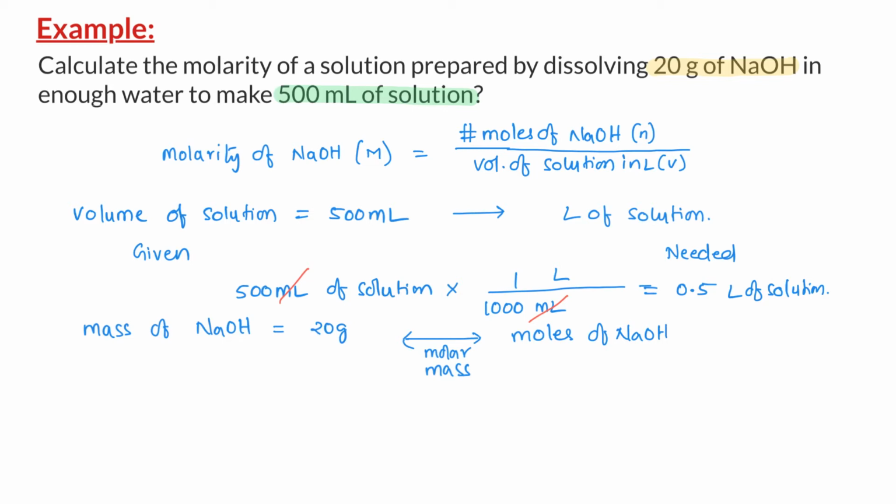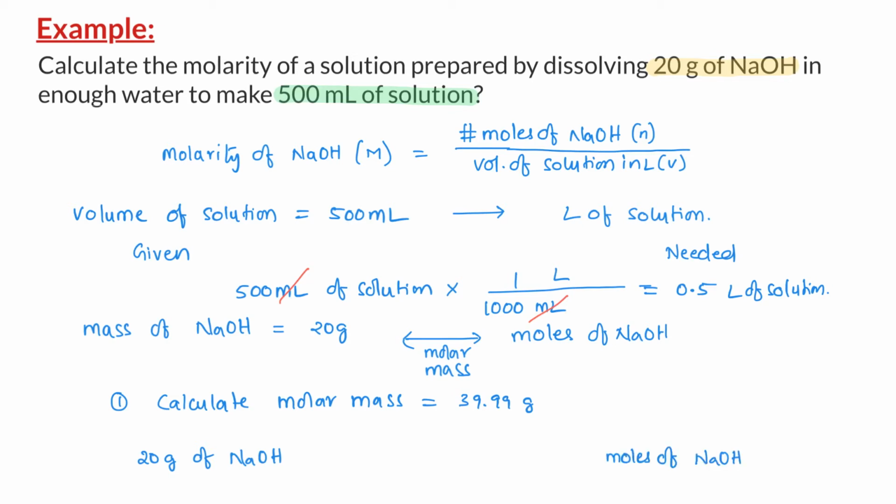First, we calculate the molar mass of sodium hydroxide, which is 39.99 grams per mole. We start with 20 grams of sodium hydroxide and we need moles of sodium hydroxide. I'm going to multiply these grams with a conversion factor that cancels the grams and introduces moles of sodium hydroxide.